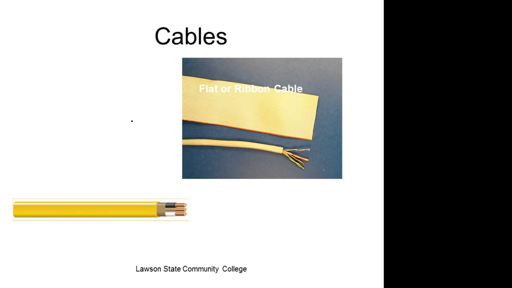Y'all understand that? So we have these special circuit breakers called a ground fault circuit breaker. And what they do is they compare the current flow in the black lead with the current flow in the white lead. As long as those match, then we have no problem. If they don't match, what does that mean? It means the current is going somewhere else.